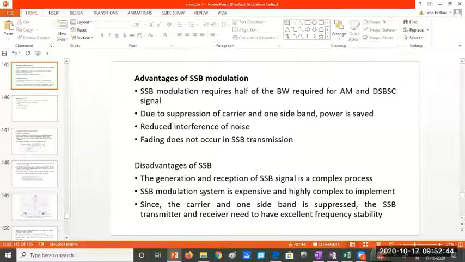Anyway, disadvantages. Naturally, you saw generation and reception will both be a complex process. Can you tell me what is the method of demodulation? Anybody guess? What method of demodulation can we use? It is a suppressed carrier signal.